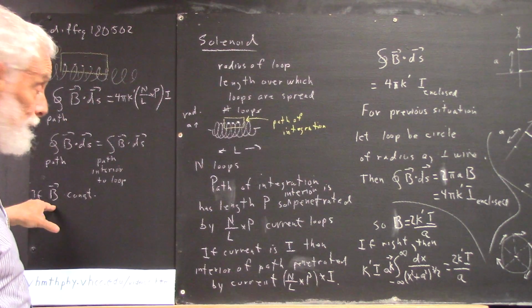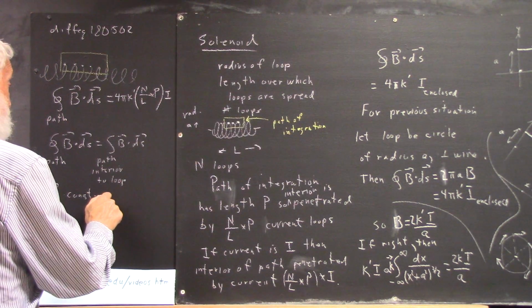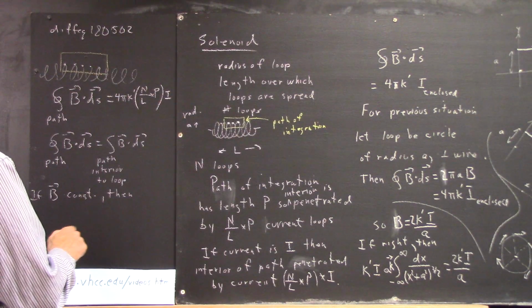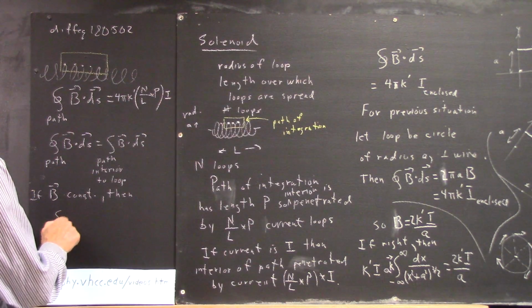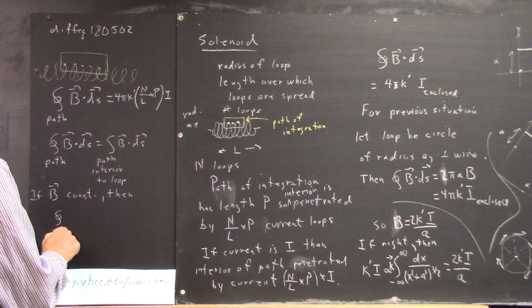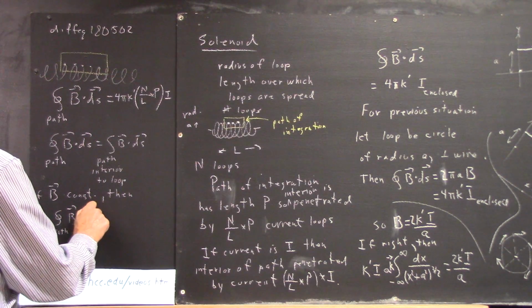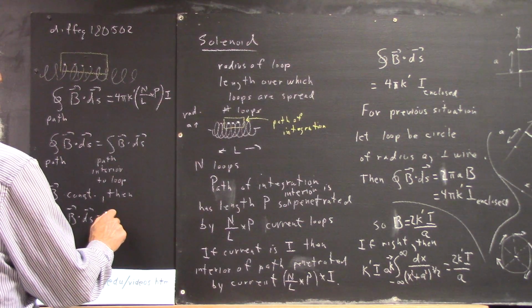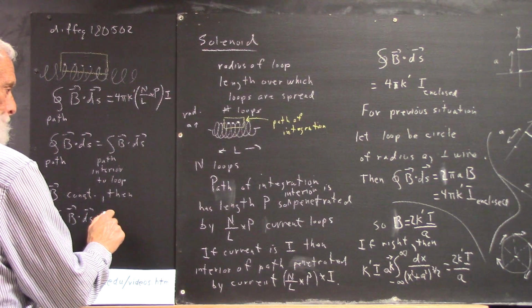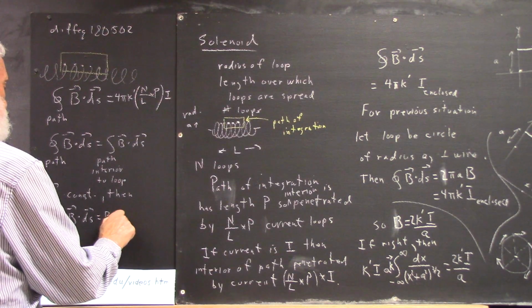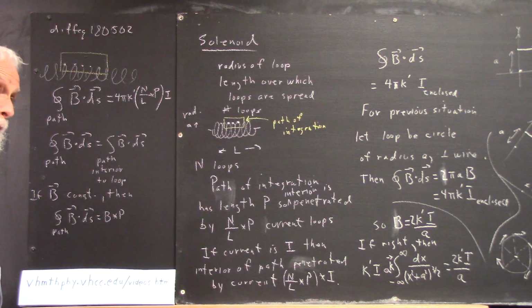If B is constant, then the integral around the path of B dot ds is just B times the path length.